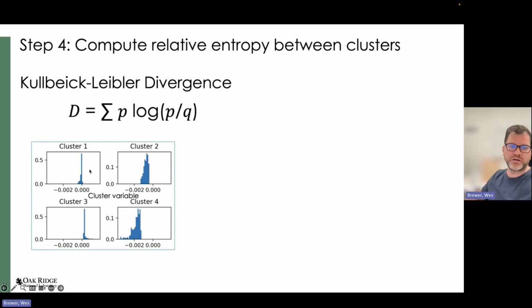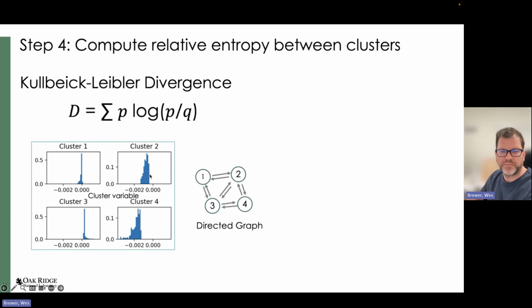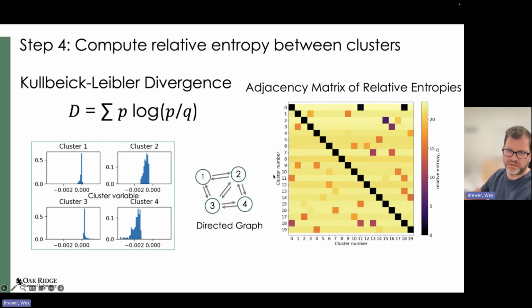So if we have our probability distributions from the different clusters, then, as I mentioned before, we can turn this into a directed graph where the weights of the graph are your relative entropies computed from D here. By doing that, you can produce an adjacency matrix of relative entropies.